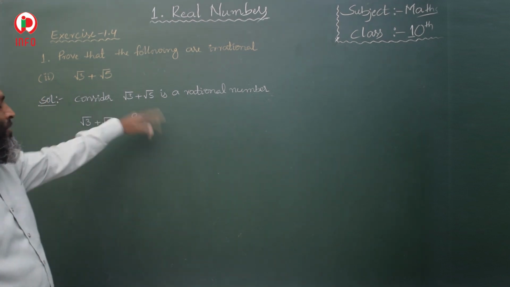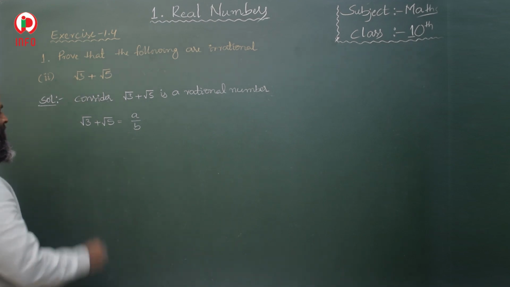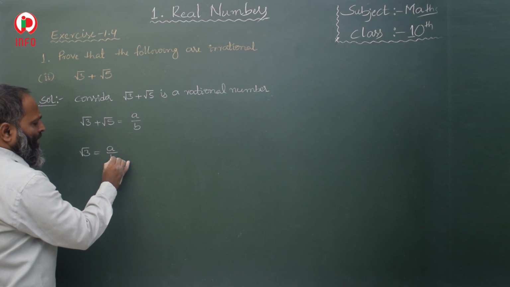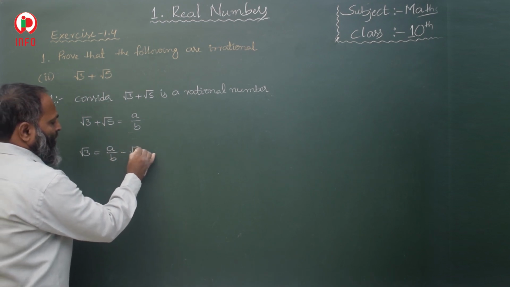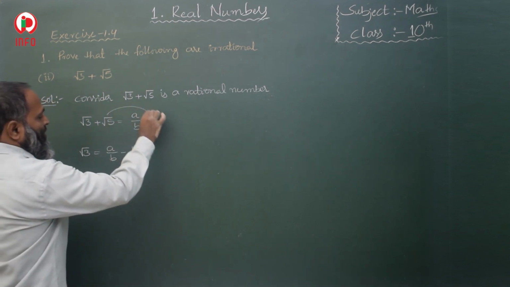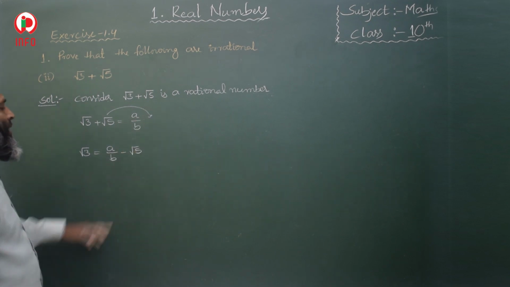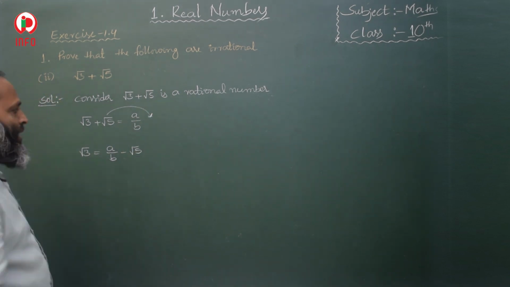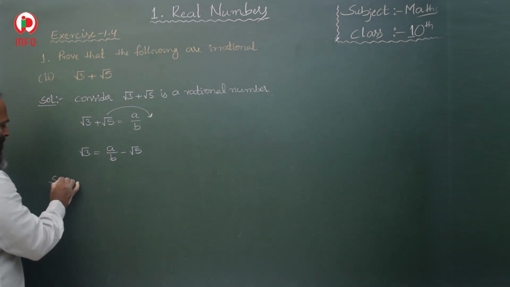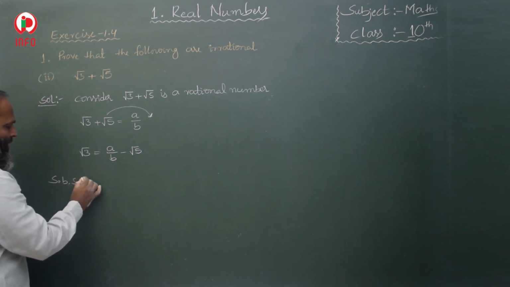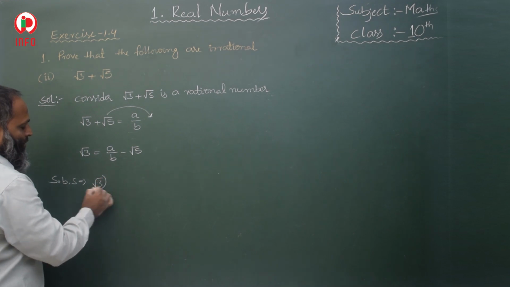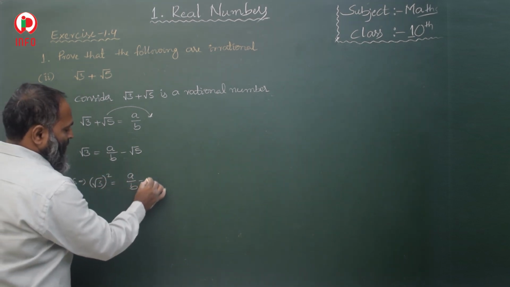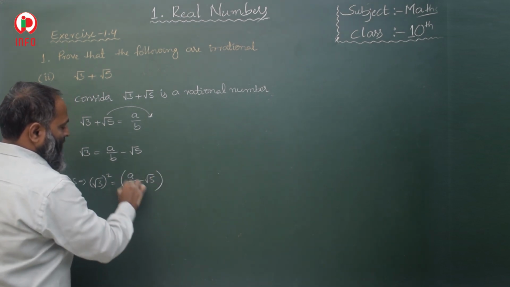Now transpose root 5 to the RHS side. So root 3 is equal to a by b minus root 5. Now squaring on both sides, root 3 whole square is equal to (a by b minus root 5) whole square.